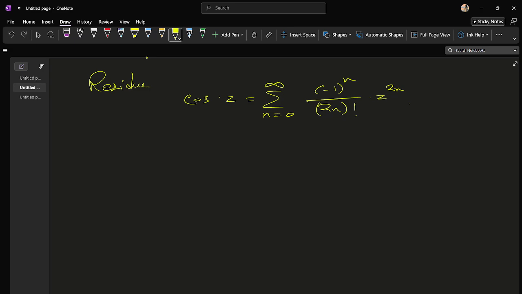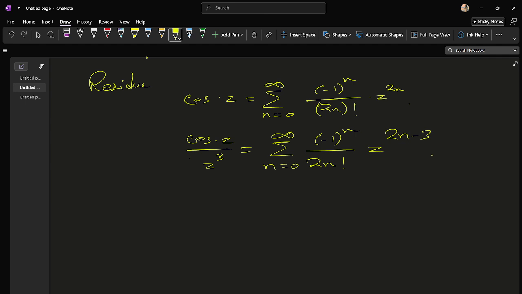Now we divide it by z cube, so cos z by z cube equals the summation from n equals 0 to infinity of minus 1 to the power n by 2n factorial, into z to the power 2n minus 3.